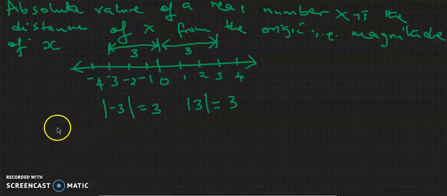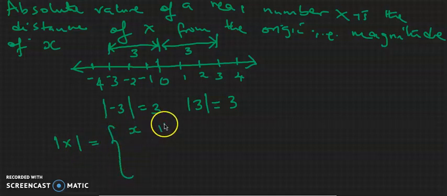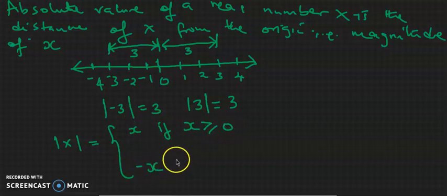Therefore, we can say that the absolute value of x, a real number x, is either x if x is greater than or equal to 0, or negative x if x is less than 0.